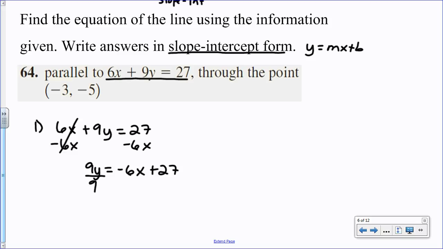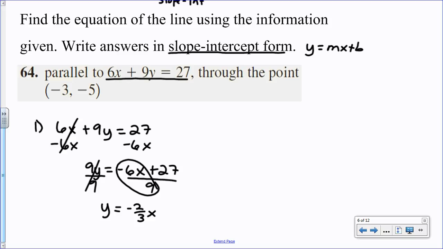Divide everything by 9. Make sure you do a reduced fraction, improper fractions if necessary, no mixed numbers, no decimals here. So negative 6 divided by 9 is negative 2/3 x.